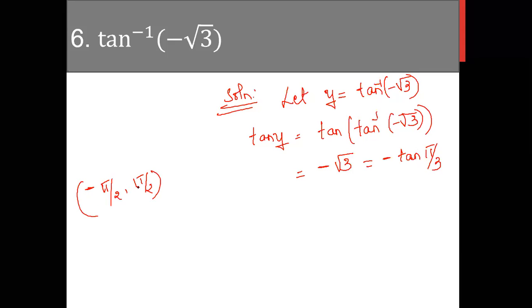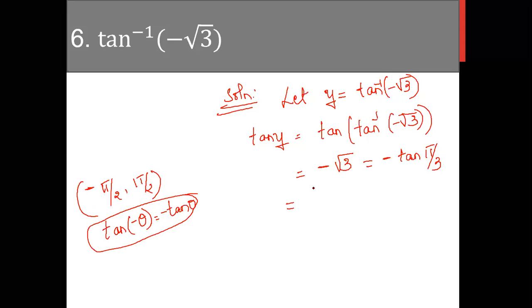Now we have one more expression, that is tan of minus theta is equal to minus tan theta. We are using this because in our principal value branch we can include negative values.